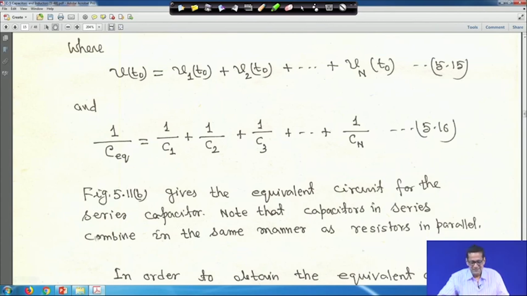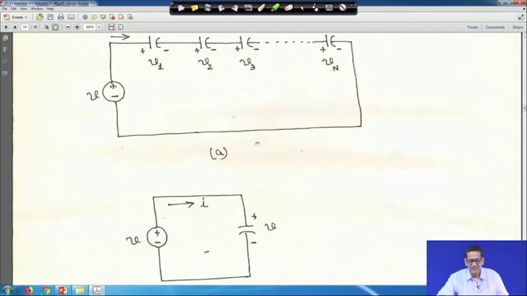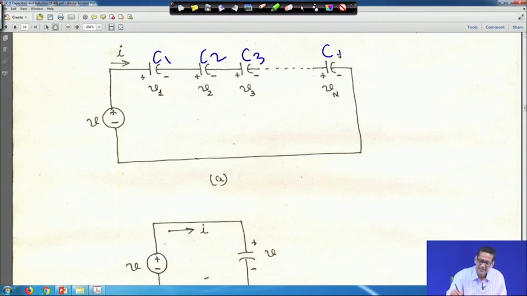Note that capacitors in series combine in the same manner as resistance in parallel. The way we find the equivalent resistance in parallel, for capacitors we can compute the same way when they are in series. That means here you have capacitors C1, C2, C3, then Cn, and this capacitor is C equivalent.